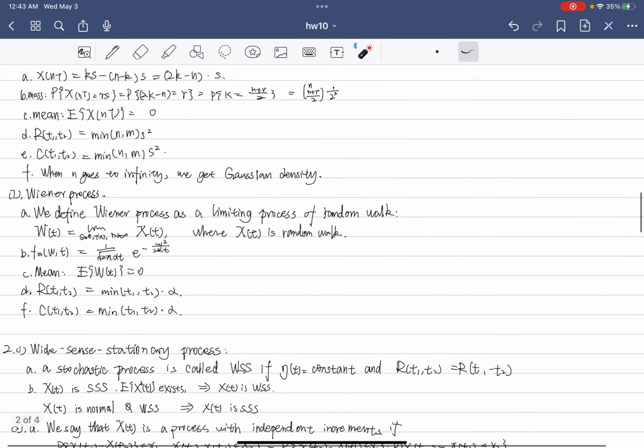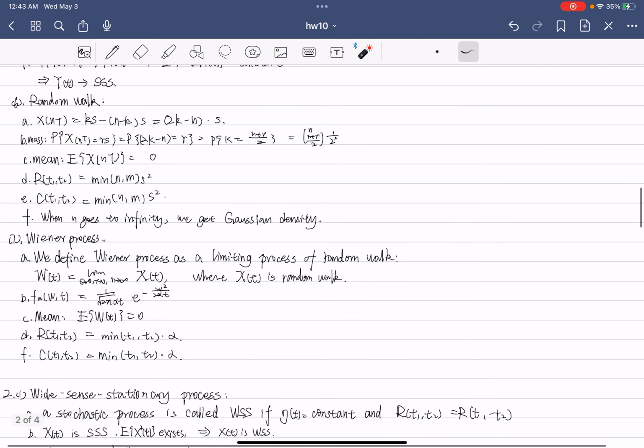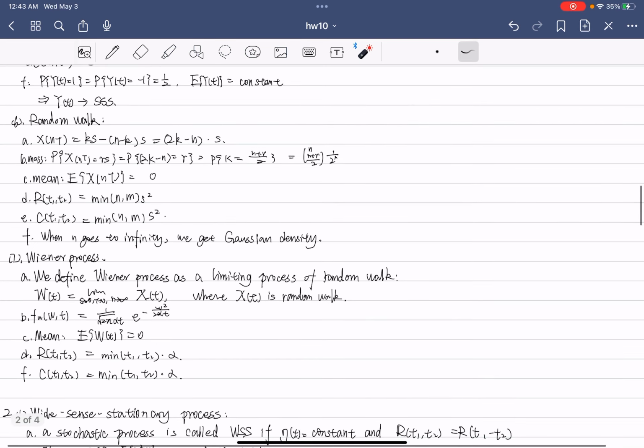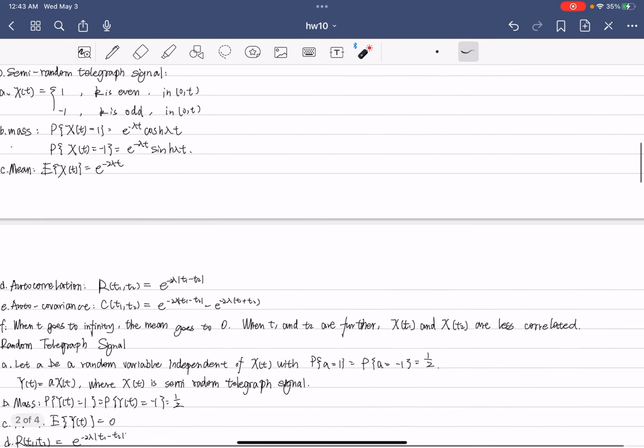The probability density function is 1 divided by the square root of 2 pi alpha t, times e to the power of negative omega squared divided by 2 alpha t. The mean is 0, and the autocorrelation equals the autocovariance, equal to the minimum of t1 and t2 times alpha. That's it.